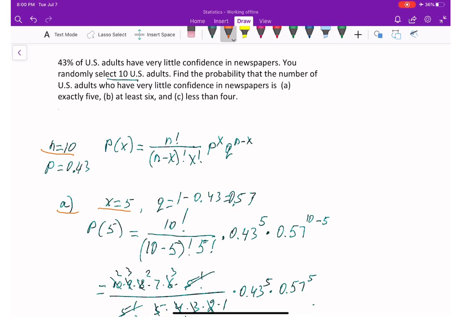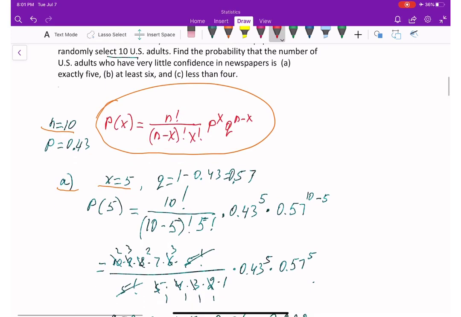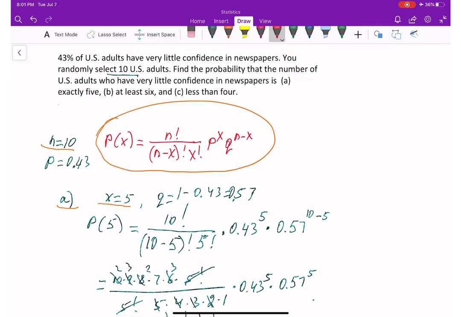for probability distribution, this is the formula. Okay, I can even make this red color so it would strike your eye, so you won't forget. There we go. So now we need to find for A that we have exactly 5 people who have very little confidence in newspapers.